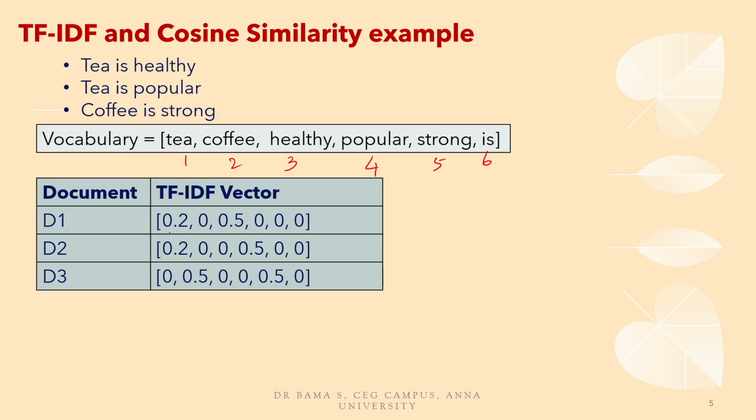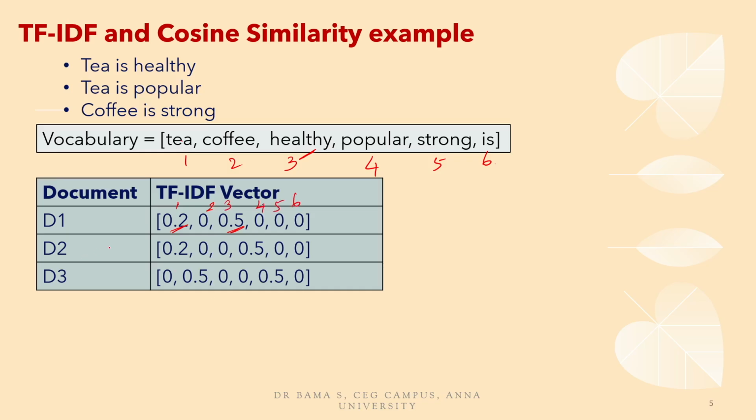Assume that D1 has 0.2, 0.5, 0, 0, 0, which means 0.2 is for tea and 0.5 is for healthy. So, this represents 1, 2, 3, 4, 5, 6 positions.